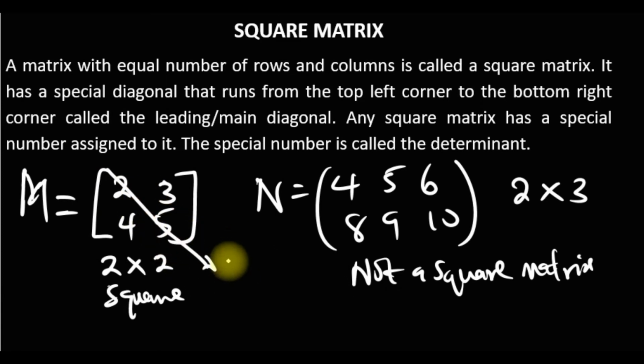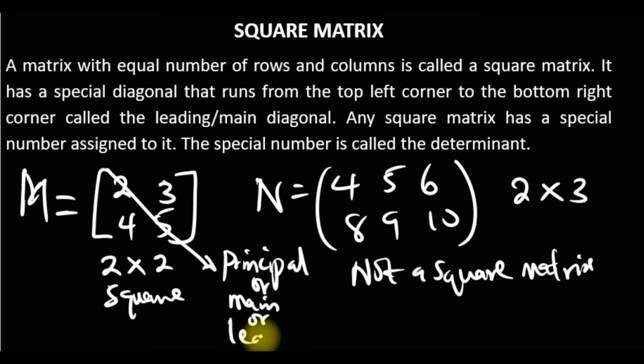So this is called the principal diagonal, or you call it the main diagonal, or you call it the leading diagonal. Every square matrix has a leading diagonal.